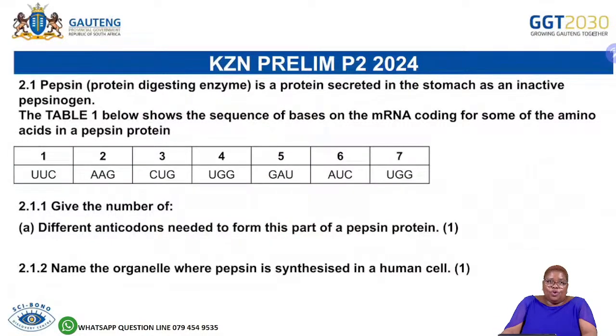KZN Prelim Paper 2 of 2024. Like I've mentioned, you need to practice with different papers. It can also be from different provinces, for your practice. Maybe you can take those sets from 2021 up to the current year, which is May 2025.